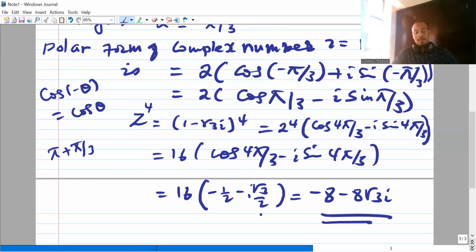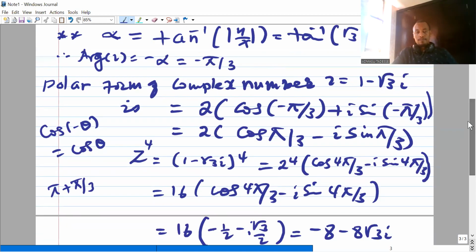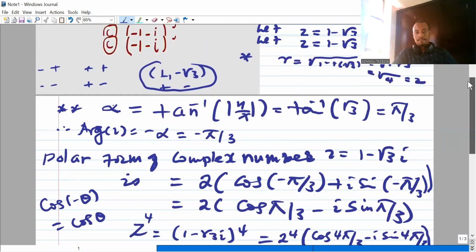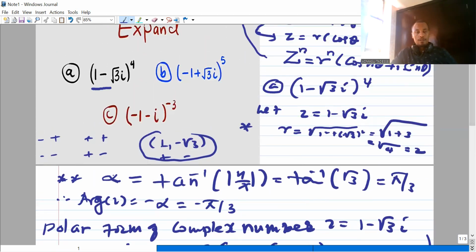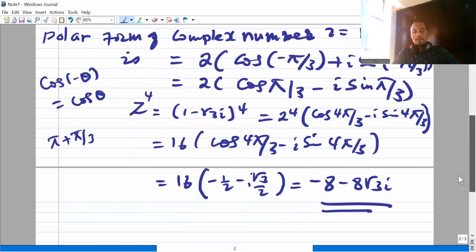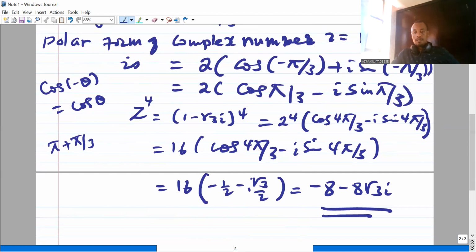So this is the expansion for this one. Okay, so the next one is this one.